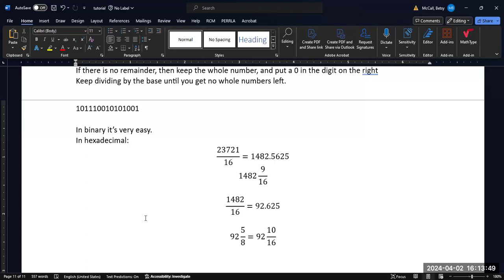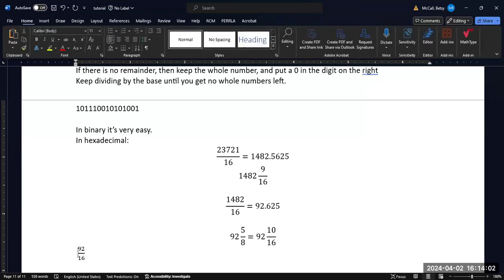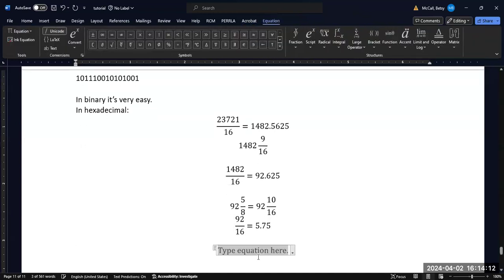92 divided by 16 is equal to 5.75. So 5, now that I'm under 16, 5 is my final digit, but minus 5, and then convert to fraction, I get 3/4, which is, if I multiply to get my common denominator, multiply by 4, I get 12/16.